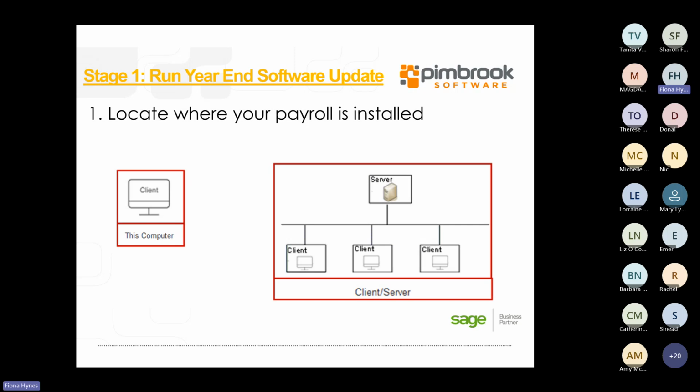First, we want to locate where your payroll is installed. You will either have a standalone setup where both the data and the program are on this one machine, or you will have a server client setup where the data is on the server and the program is on each of the client PCs.